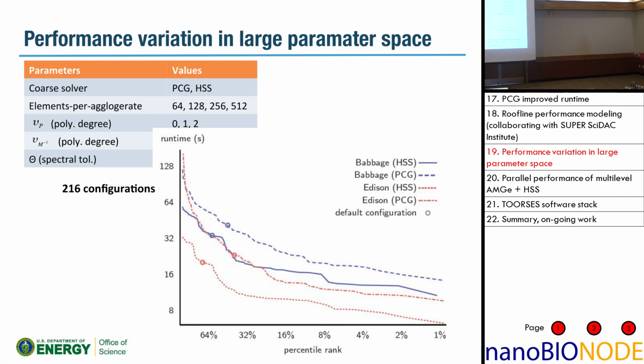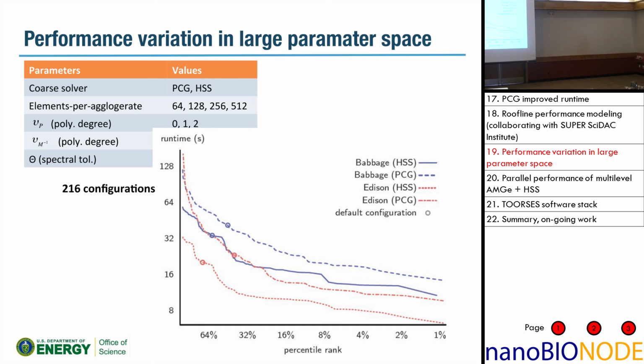Then you run the code. For example, on Babbage, the Knights Corner, the 60-core multi-core, you can see that with HSS, it's improved, and PCG is slightly slower. This is runtime, between the percentile of the fastest versus the worst.